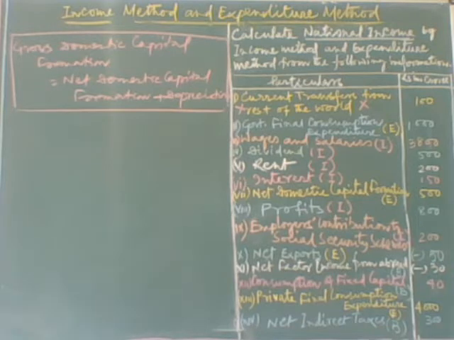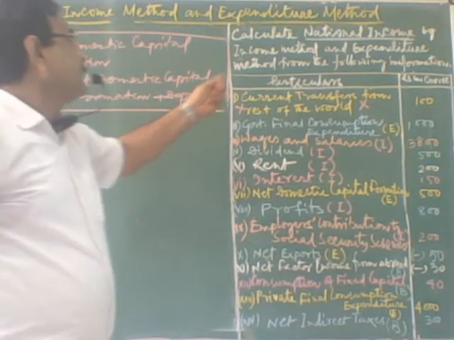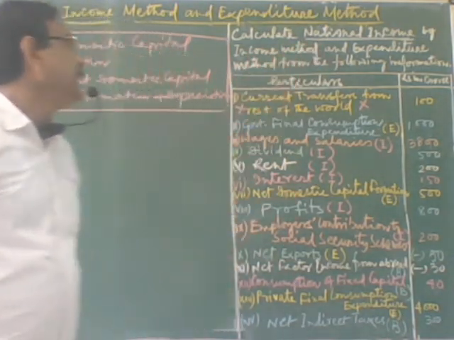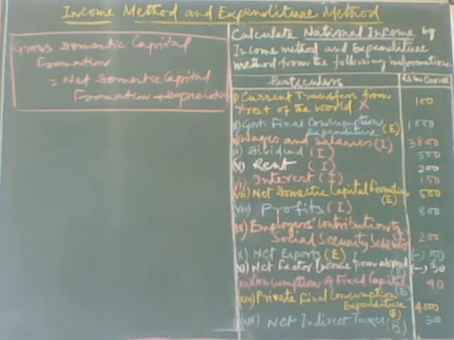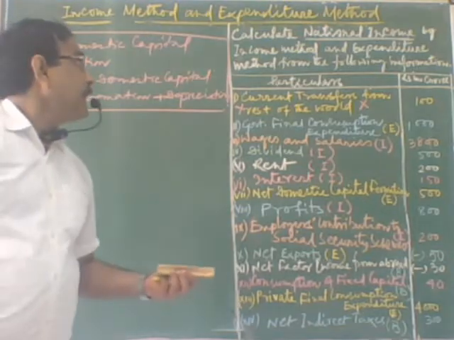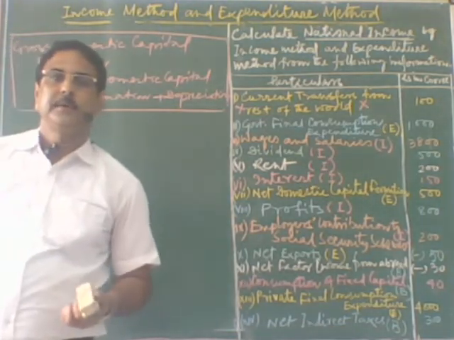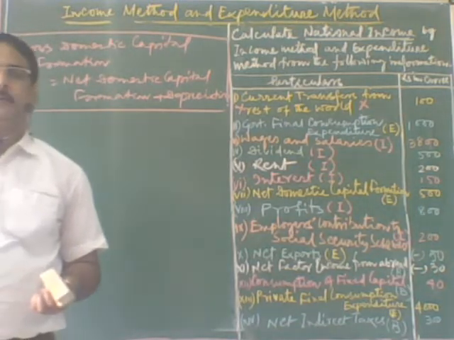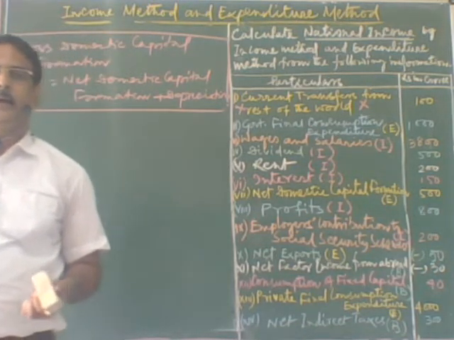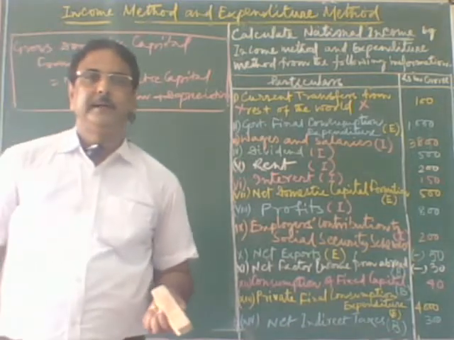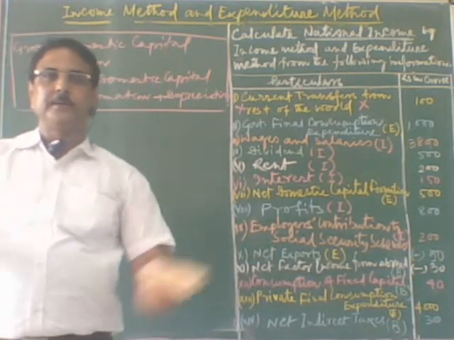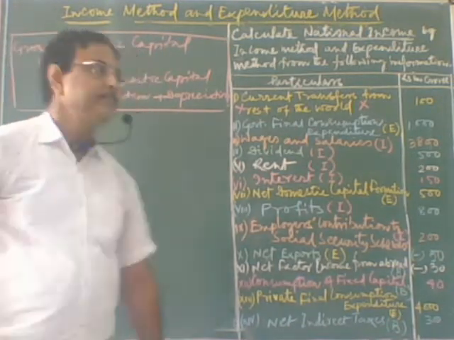Okay. Now I'll come to the main point, that is, calculate national income by income method. Whenever we have to calculate the national income by income method, at that time we have to add up all the components of income method.